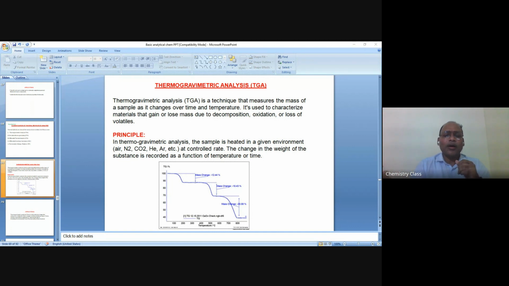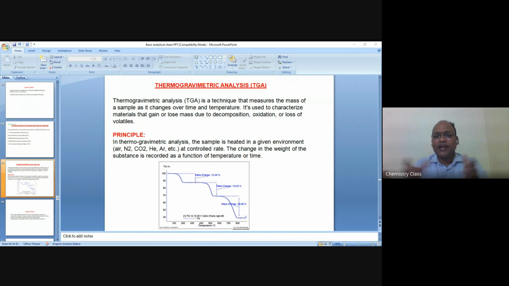So it is used to characterize materials that gain or lose mass due to decomposition, oxidation, or loss of volatiles. There are many such things. For example, if hydrogen peroxide is mildly heated, it converts into water and oxygen.